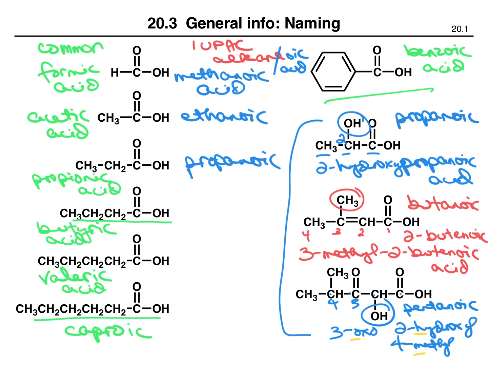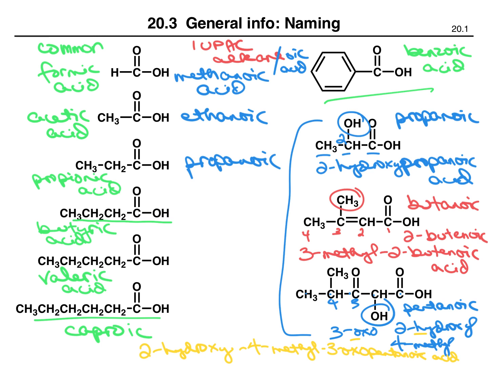So put this all together and we get, oh, I lied, it's not hydroxyl, it's hydroxy: 2-hydroxy-4-methyl-3-oxopentanoic acid.